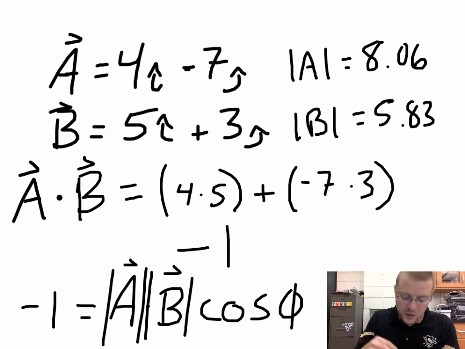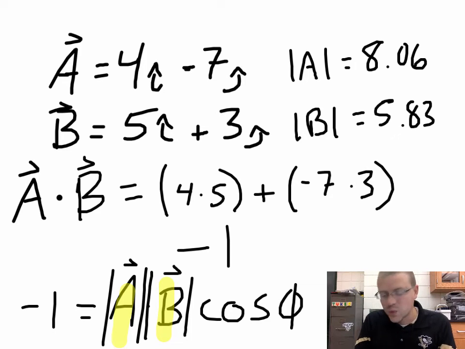So all I'm going to do is put the magnitudes in for A and B down here, and when you multiply those two together, you get about 46.98. Again, just giving you another number there when you multiply the magnitudes of those quantities together. So we want to solve for phi.